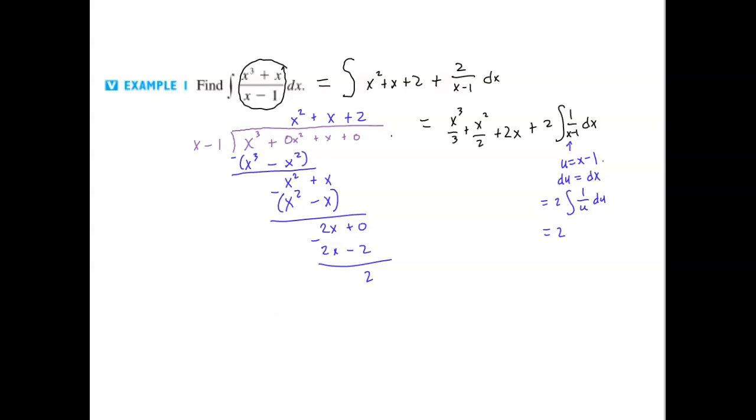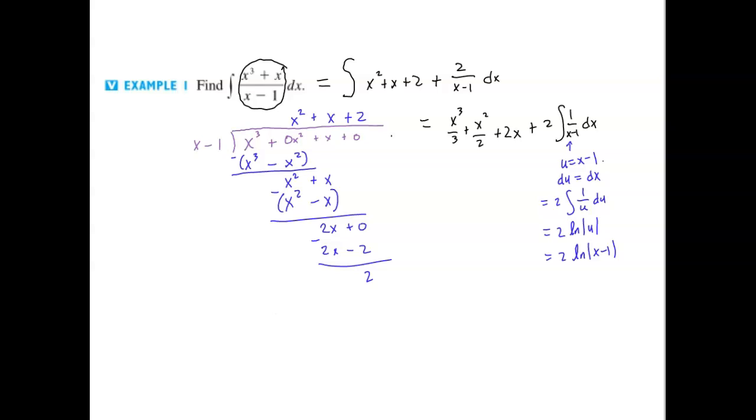Antiderivative of 1 over u? The derivative of what would give you 1 over u? The natural log of u. But remember, when you go the opposite direction, you have to do absolute value. So it's natural log absolute value u. So it's 2 natural log absolute value of x minus 1.